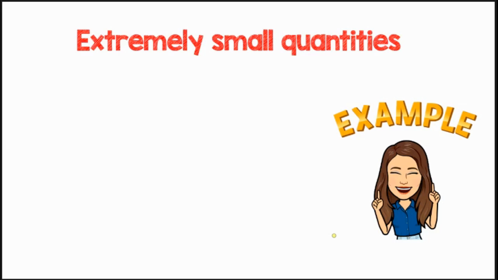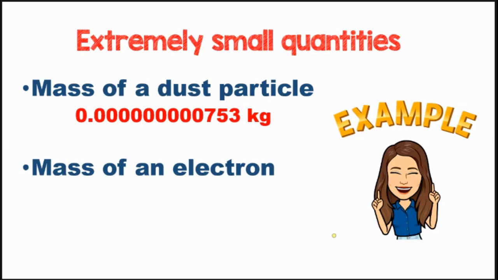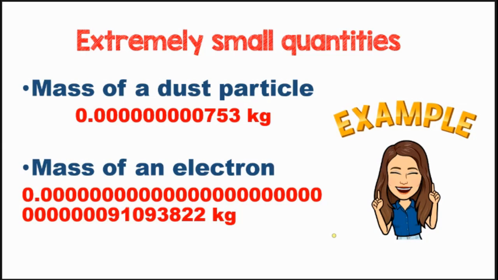Let's go to extremely small quantities. First, the mass of a dust particle. It is 0.00000000753 kilograms. And for the mass of an electron, it is really difficult to read this one, so I won't read it for you.